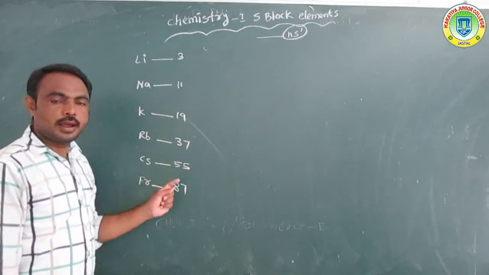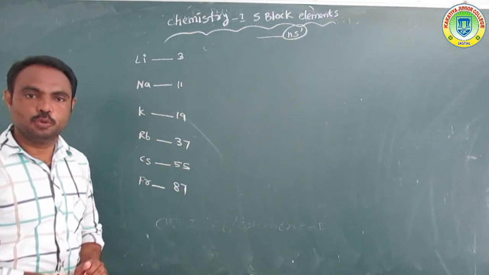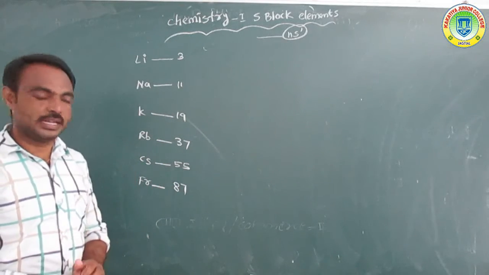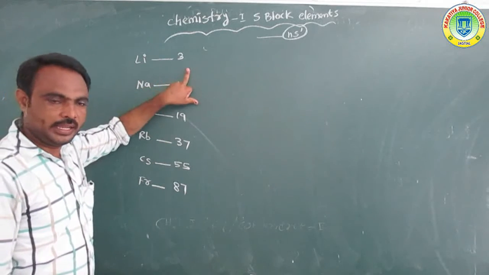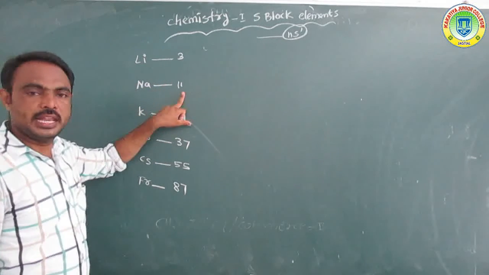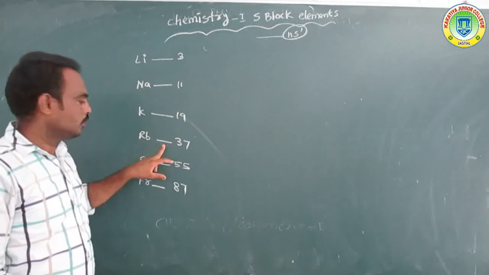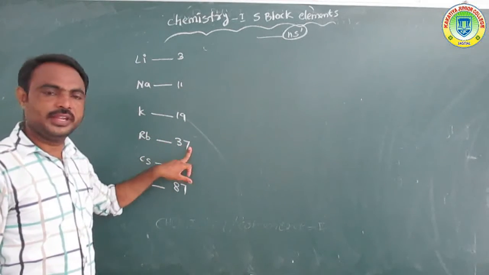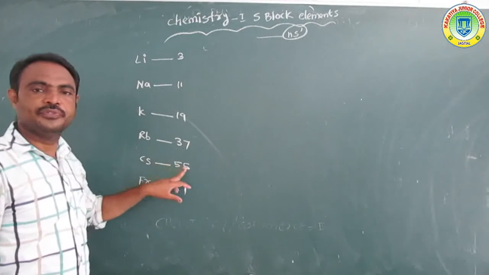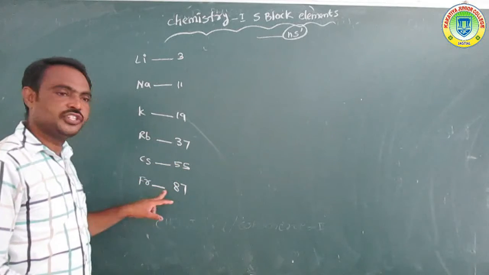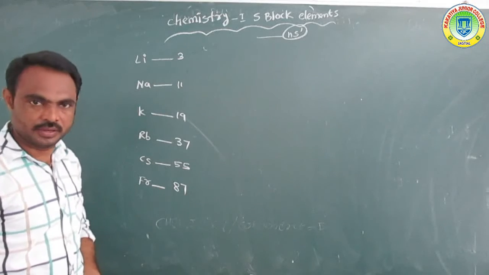These are the atomic numbers of group 1A, the alkali metals.